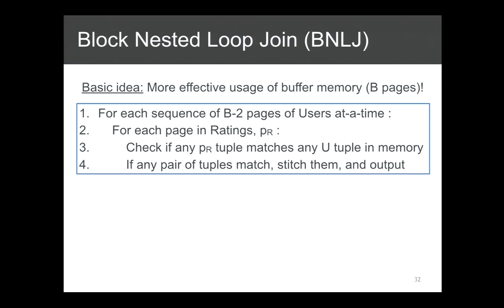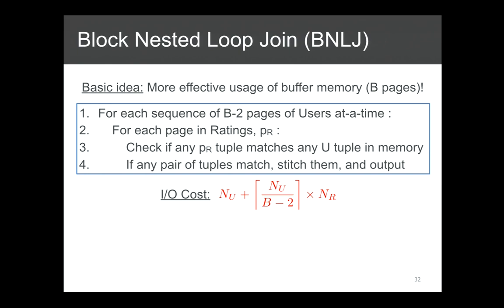How does this reduce the I/O cost? It reduces the I/O cost in exactly the same way as it did with blocked I/O. Technically, the NU goes down by a factor of B minus 2. Because you're reading a sequence of B minus 2 pages of U at a time, the number of times this inner for loop executes reduces by a factor of B. The I/O cost here is still NU for reading all the pages of U into memory, B minus 2 at a time.